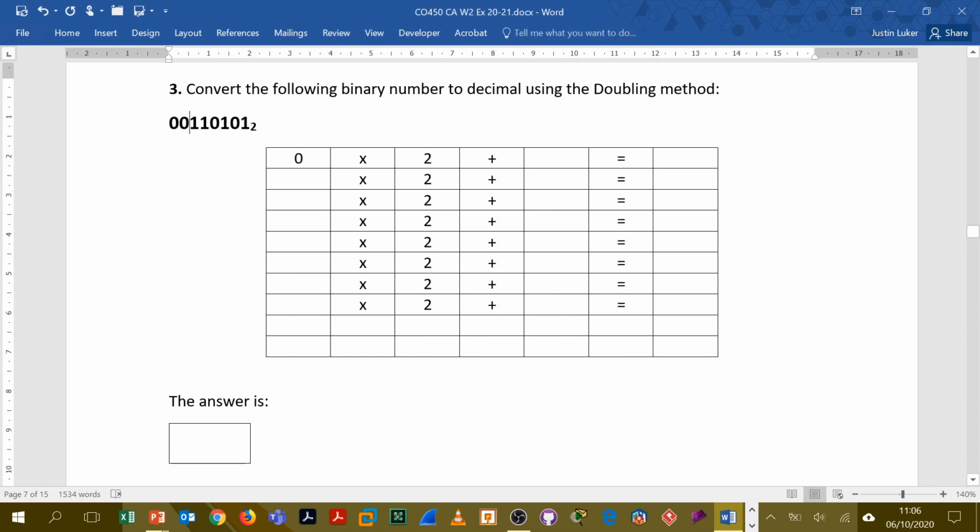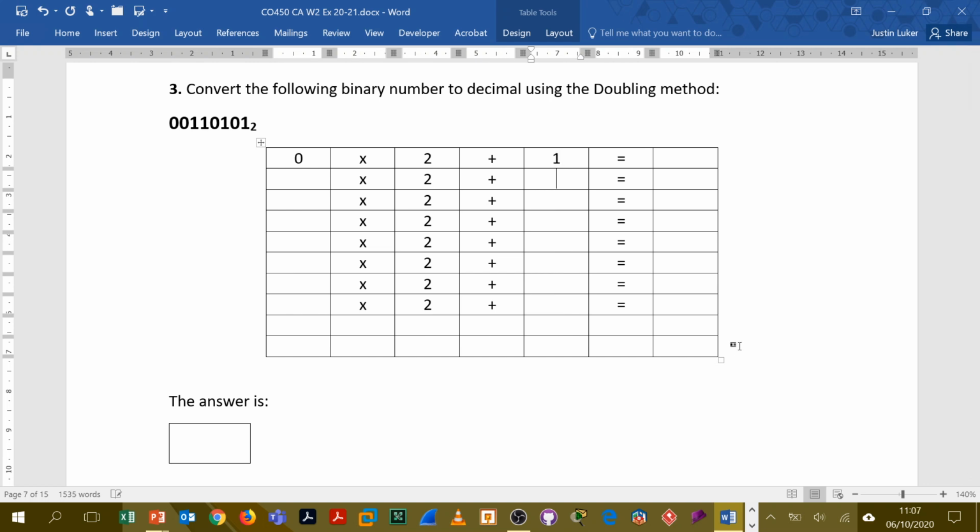We're much better off starting at the first 1 bit, just to save a bit of extra work. So let's write that down this way. So 1, 1, 0, 1, 0, 1. Yeah. So we don't actually need those extra.